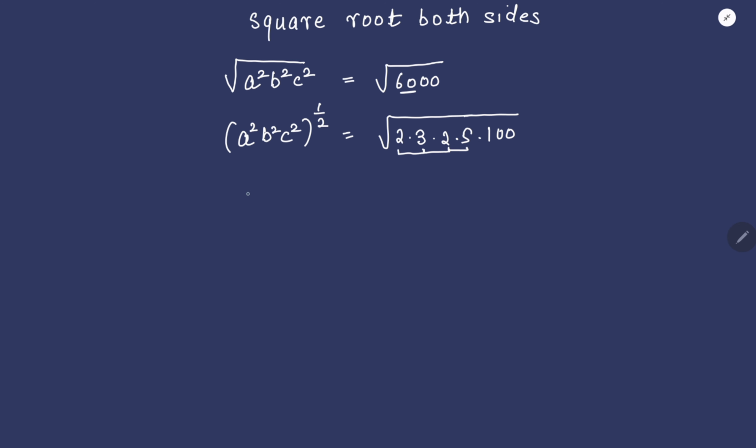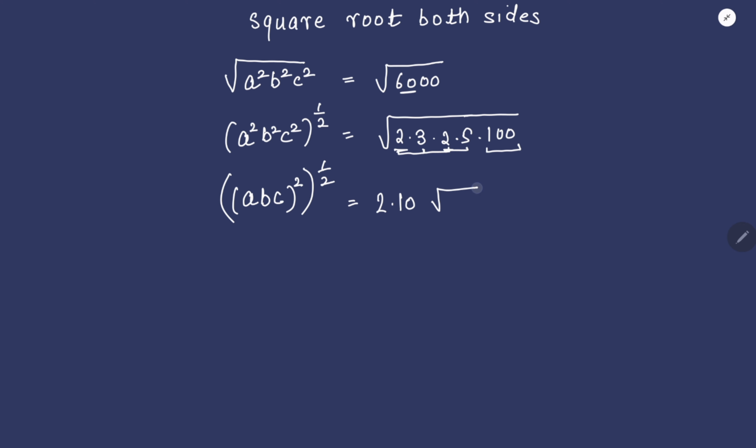Right? So here on the left hand side, it will become ABC whole square raised to power 1 by 2. And on the right hand side, what will I get? This 2 and 2, when it comes out of square root, it will become 2. And when this 100 comes out of square root, it will become 10, right?